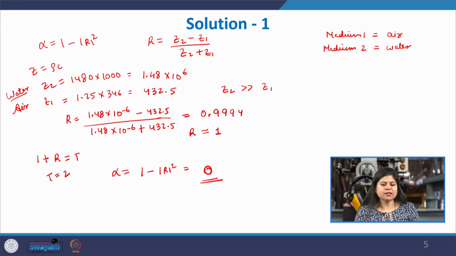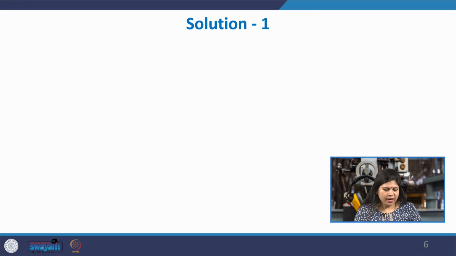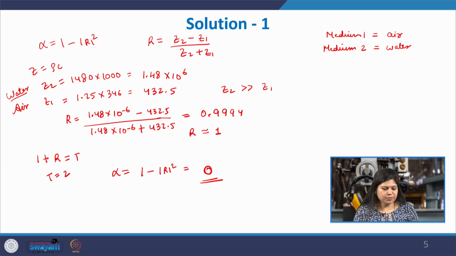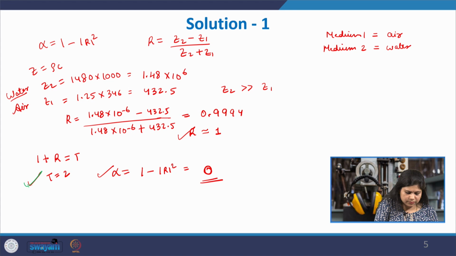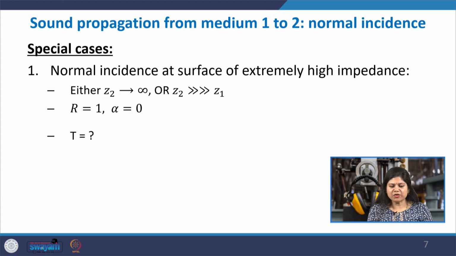So, let us discuss this special case where absorption has become 0, the reflection coefficient is 1, and the transmission coefficient becomes 2, these 3 quantities over here.